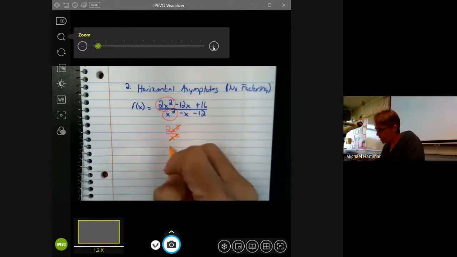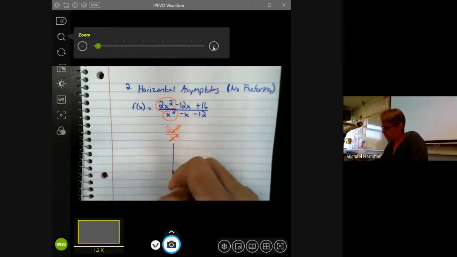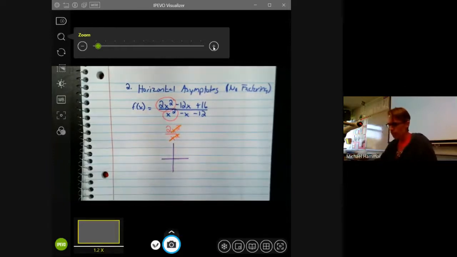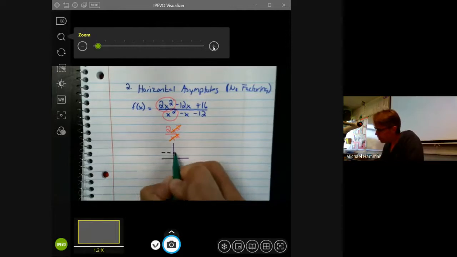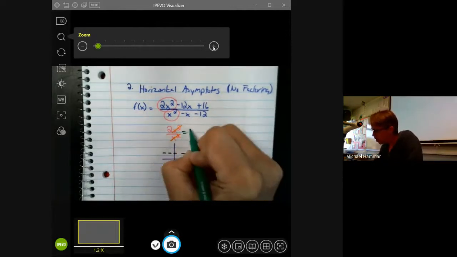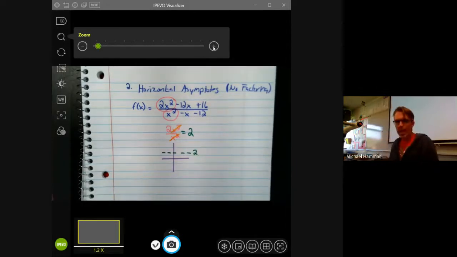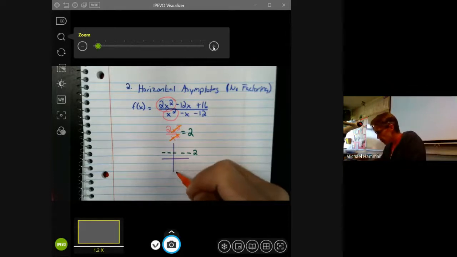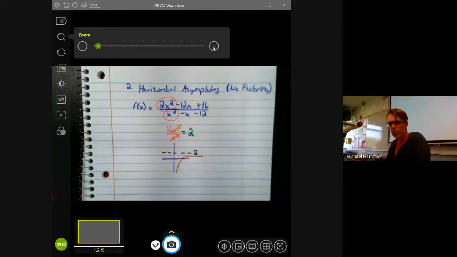So what you know about this graph is as we approach the number 2, the graph will not cross that. If we're coming from this side, we know that this will not cross 2.